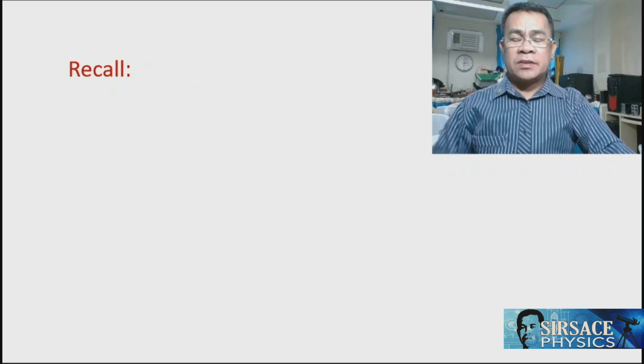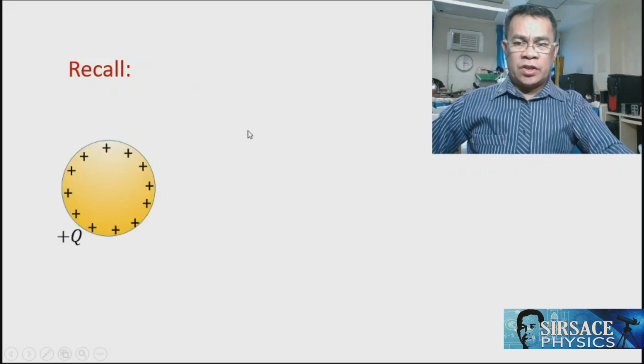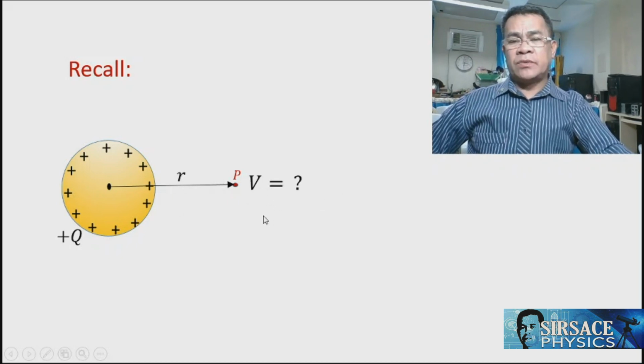Now let us recall first, if we are given a point charge whose charge is a positive q, and you are asked how much is the electric potential at a distance r from the center. In our previous video, we were able to answer this question because this is a point charge.